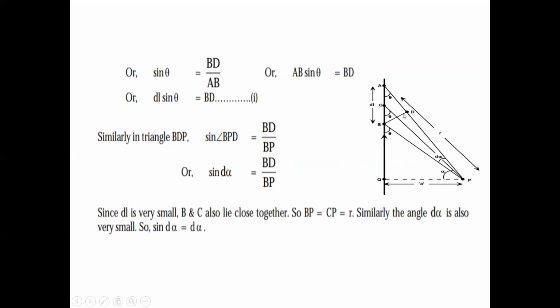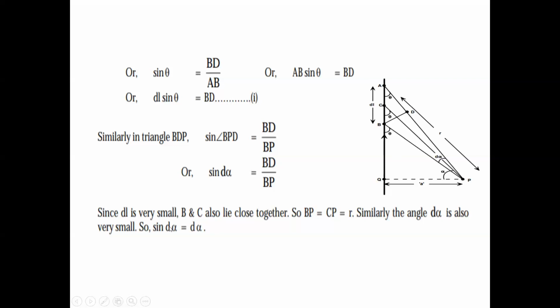So opposite side is BD. The hypotenuse for this triangle is BP. So sine d alpha is equal to BD by BP.